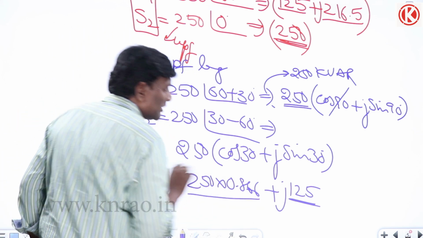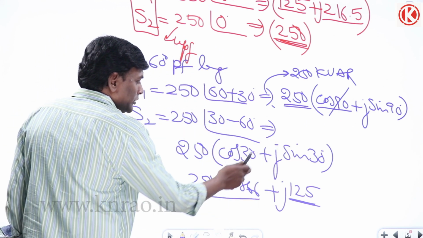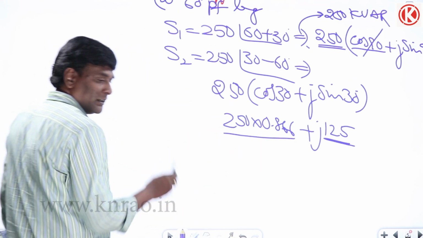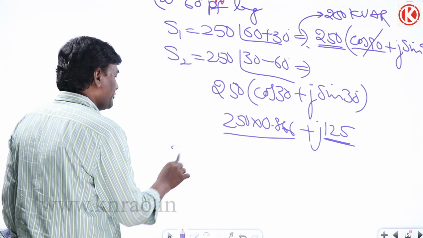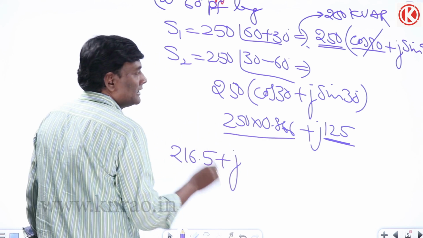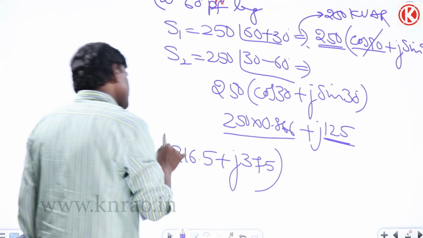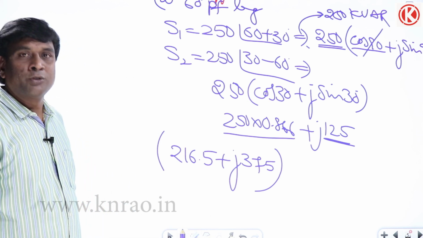So individually, adding up, 216.5 is the active power plus j, 125 plus 250, which is 375, the reactive power supply.